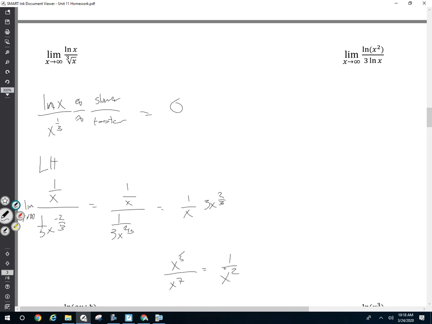I'd end up with more x's in the denominator, which is why I have x squared in the denominator. Well, 2/3 and then 1 minus 2/3 is going to be 1/3. So this is 3 over x to the 1/3. If I plug in infinity, I can see this is going to be 0. So actually, L'Hopital's rule is more difficult than just remembering your growth rates and understanding fractions where you have slower growth over faster growth.